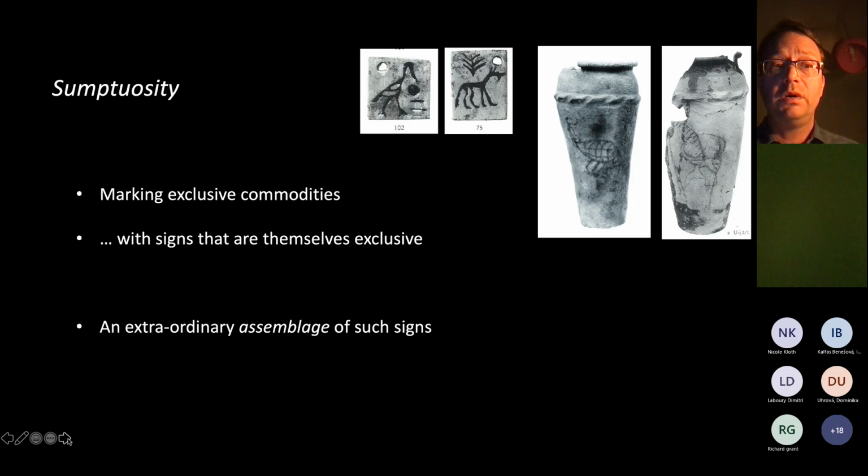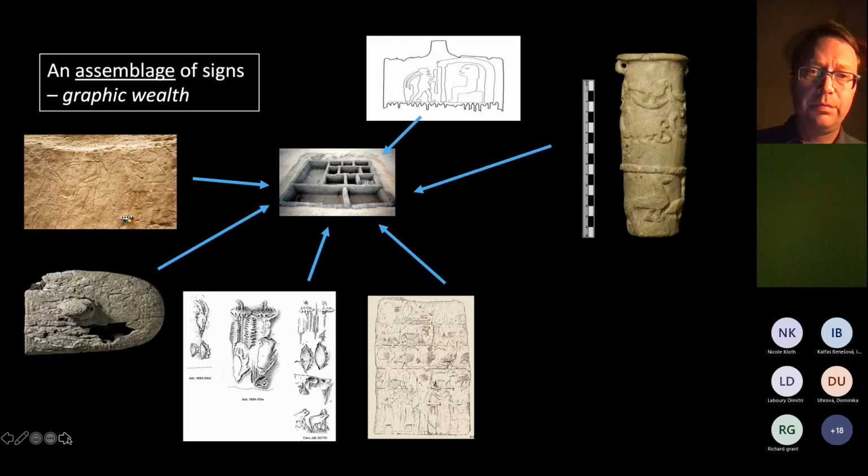And finally, we have an extraordinary assemblage of such signs. So if you look at contemporary objects, you can find, for example, in Howie, 5 of the signs that there are in UJ, a knife handle, Copter Scholastic, or Stamnacum, ivories from Hierakonpolis. You find many of the signs that are in UJ, 3, 4, 2, 5 signs together, but never more than that.